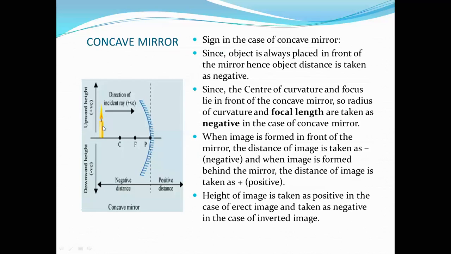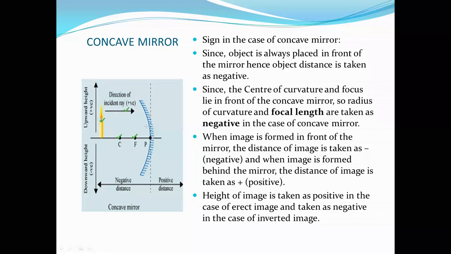In case of concave mirror, see, what will happen? This is the object. This is called center of curvature. This is focal length. Everything is in front of the mirror. And look, this is the direction of incident light.